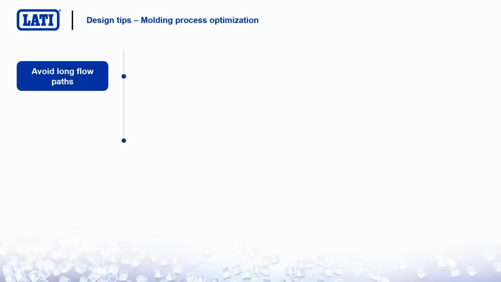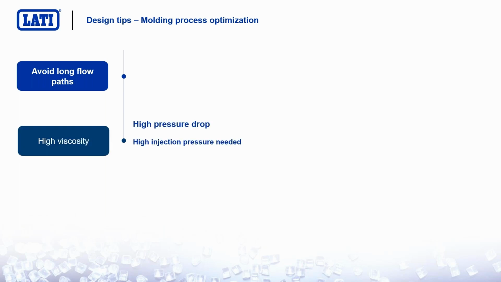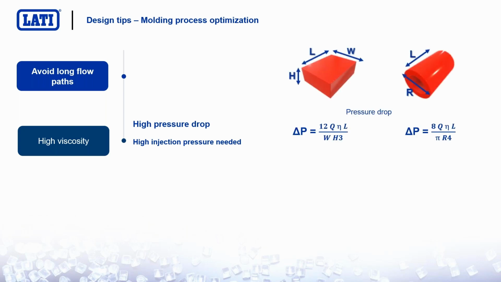Another point to consider is to avoid long flow paths. This is because of the high viscosity of the material, which leads to a high pressure drop and requires a high injection pressure. So depending on the length and on the thickness of the section, we might have a certain level of pressure drop.